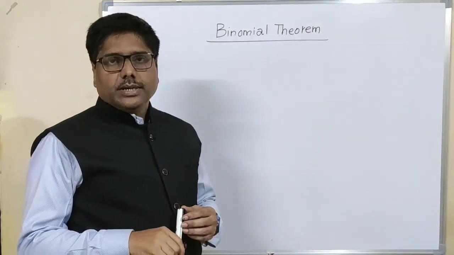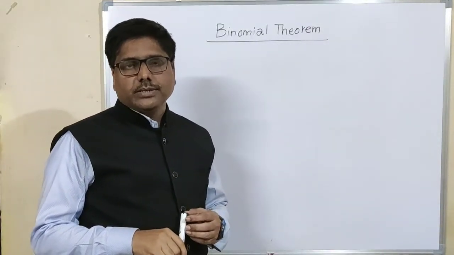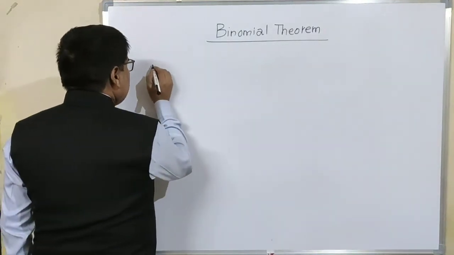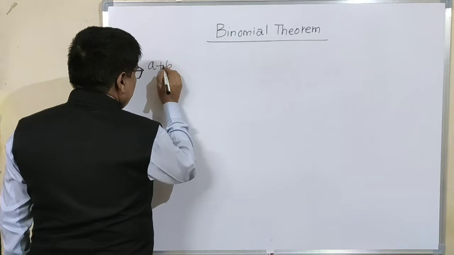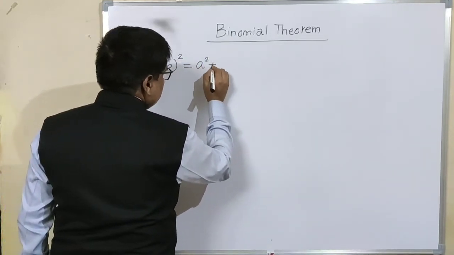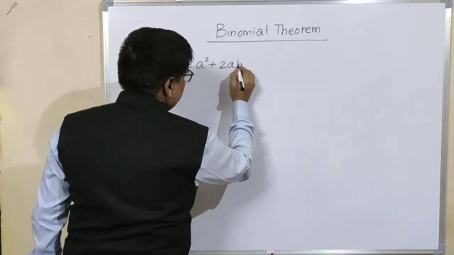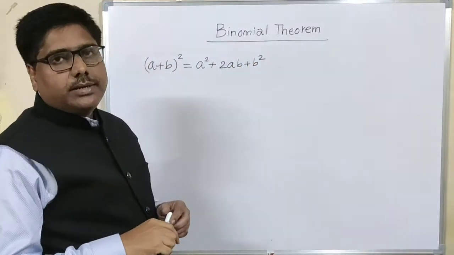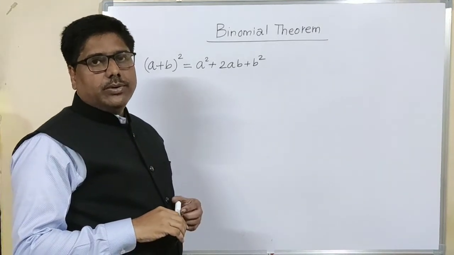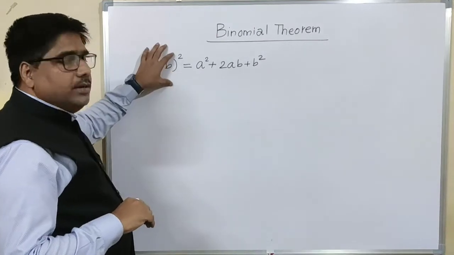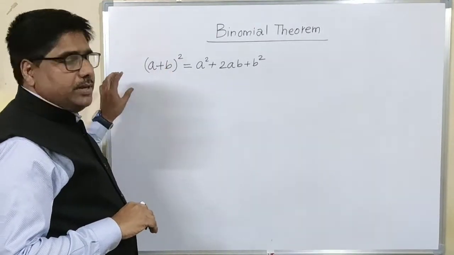As we know, the expansion of (a plus b) whole square is a square plus 2ab plus b square. Similarly, we can write the expansion of (a plus b) whole cube just by multiplying this by (a plus b).